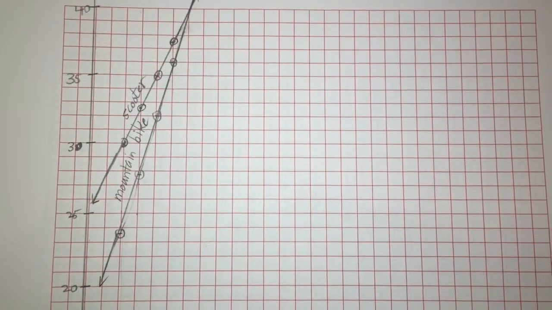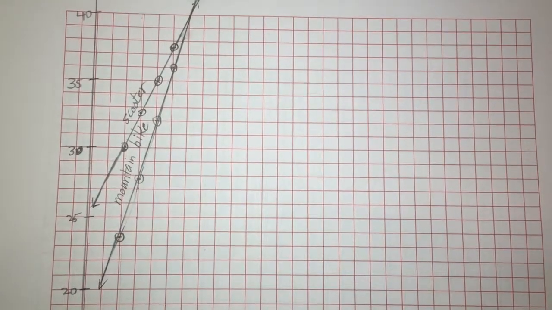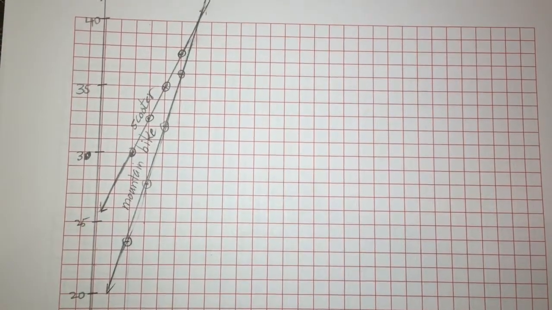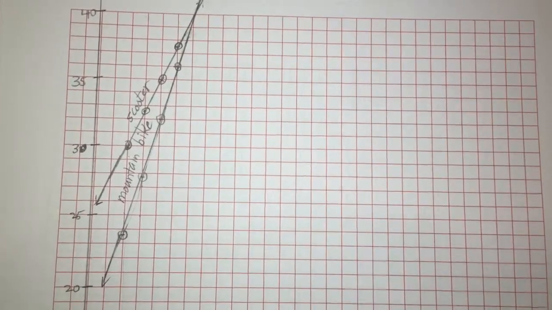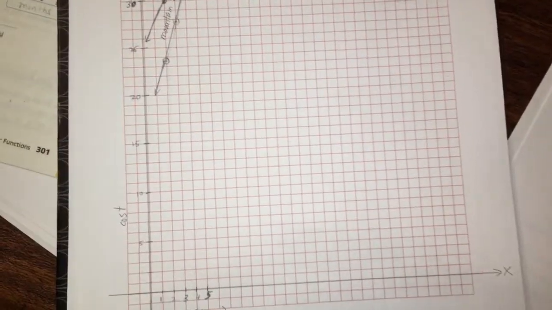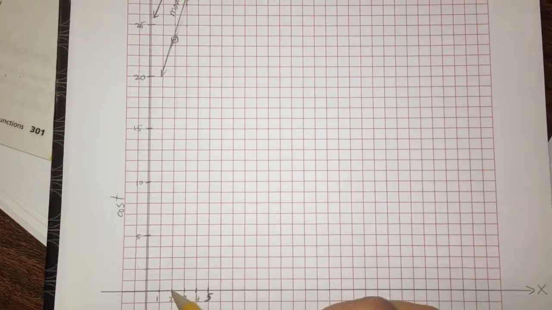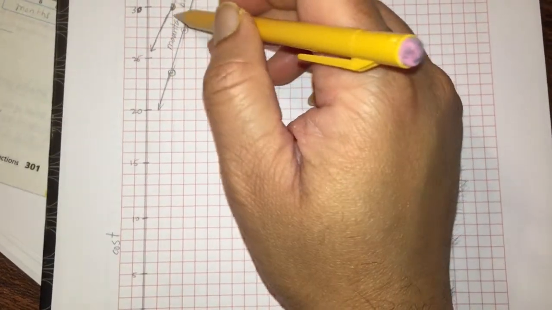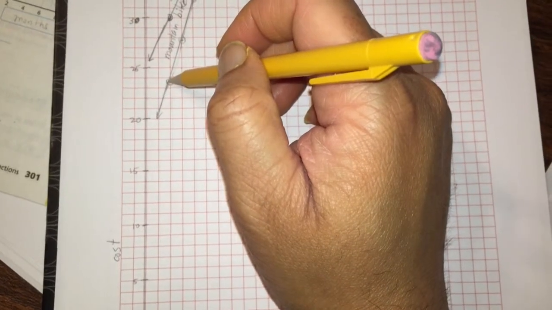So if you look at table number 1, the table for mountain bike, when the value of x is 2, the value of y is 23.5. So mark that when the value of x is 2. You go up, the value of y is 23.5, that would be here.